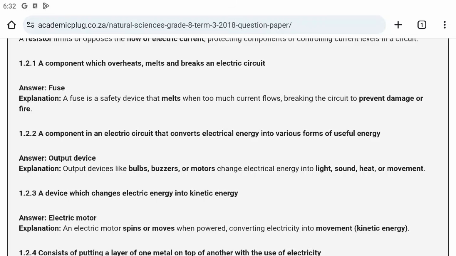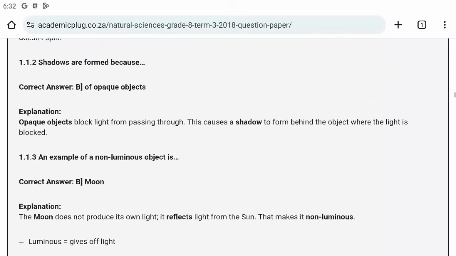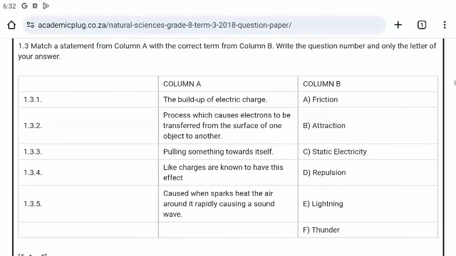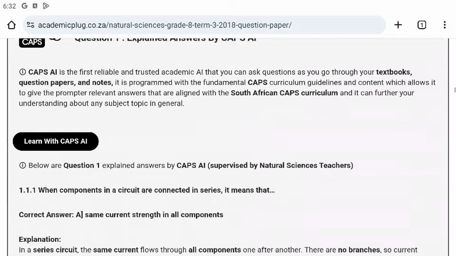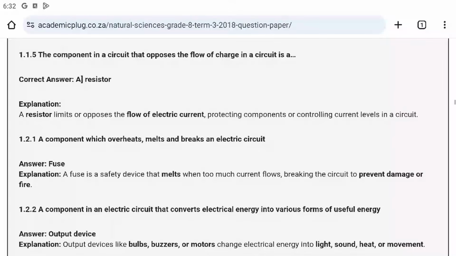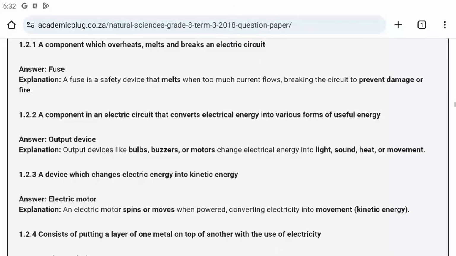A fuse is a safety device that melts when too much current flows, breaking the circuit to prevent damage or fire. 1.2.2, a component in an electric circuit that converts electrical energy into various forms of useful energy is an output device.